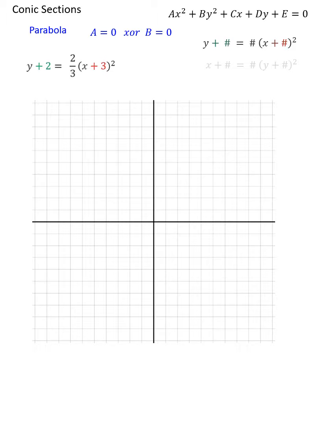One major discovery mathematicians have made is that if you take the two numbers shown in green and red here, the +2 and the +3, and you take the opposite sign of each, which in this case is -3 and -2, you will get the vertex of the parabola. The vertex of the parabola is the turning point. So what that tells me, just from the equation being in this format, is that I have a vertex of -3, -2.